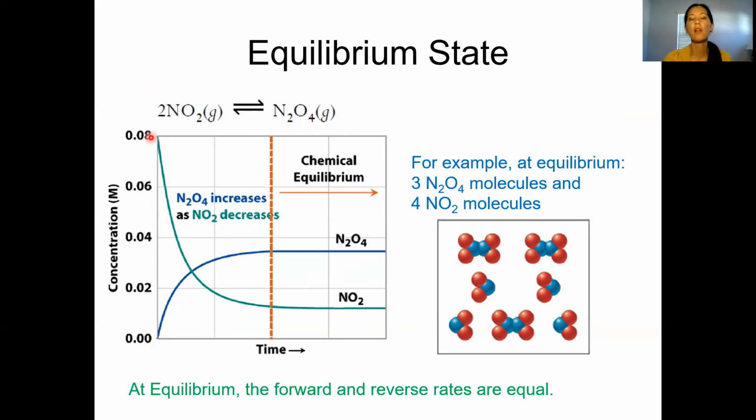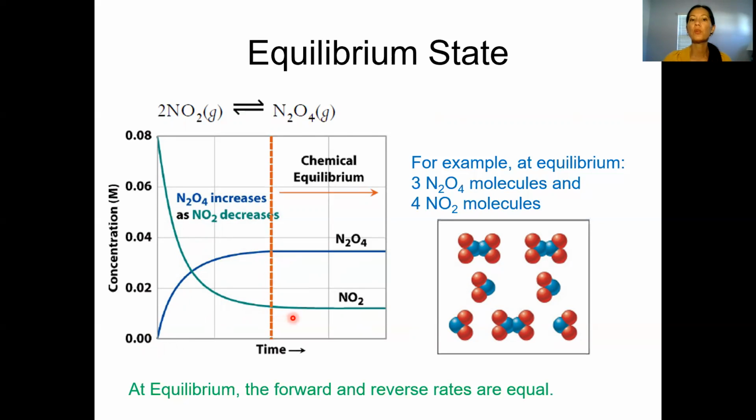So we start out with a lot of reactant, no product. This is pretty standard for how we've been looking at reactions. Over time, you're going to use up your reactant, so this green line will decrease, and you're making product, so the blue line will increase.